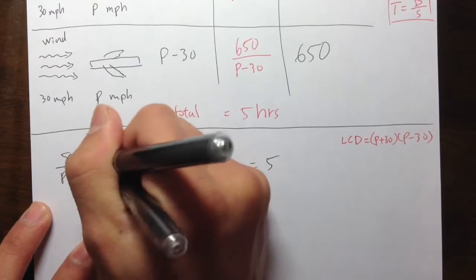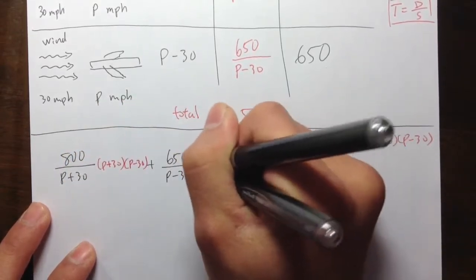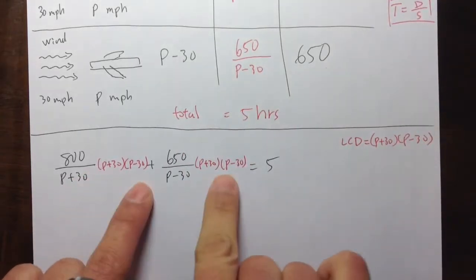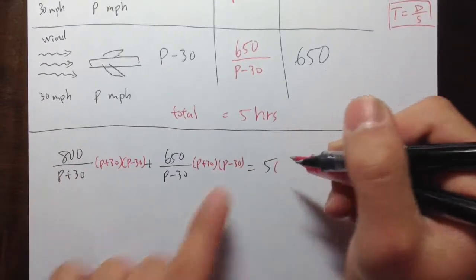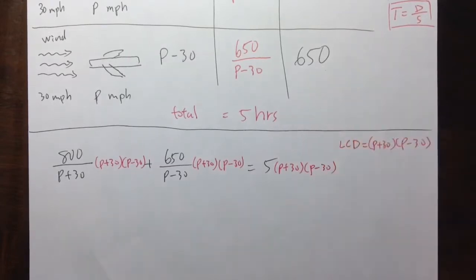So p plus 30, p minus 30 on each term. That's why earlier I left a big gap here. And 5 also gets p plus 30, p minus 30.